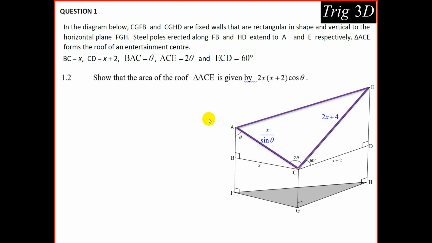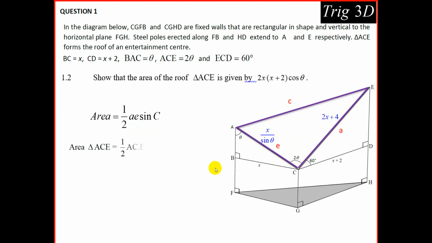Now the question is to find the area of ACE. We have the two adjacent sides to angle 2 theta, so we can use the area rule. The area rule states that the area of triangle ACE will be half a times b times sine of angle C.